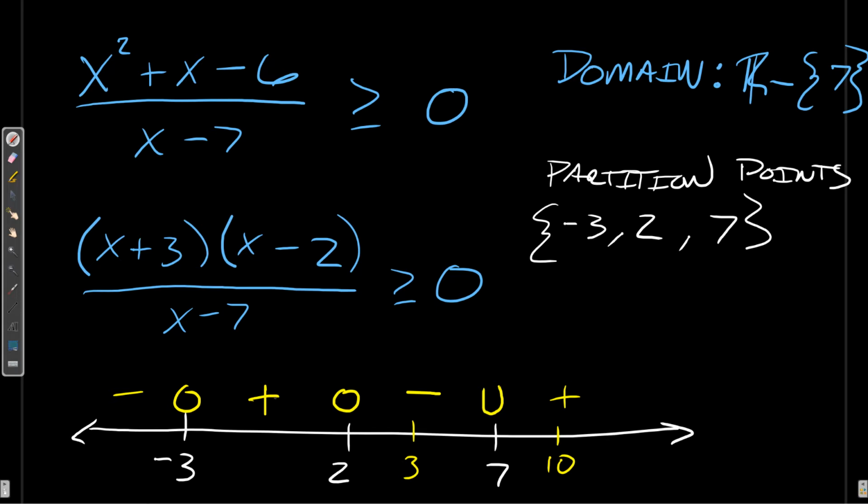And if I used a number that was more negative than -3, like -10, then this would be negative and negative and negative, which would result in a negative. So this is my sign chart.